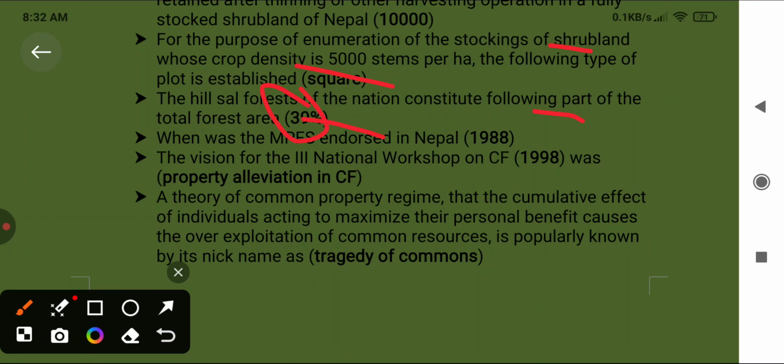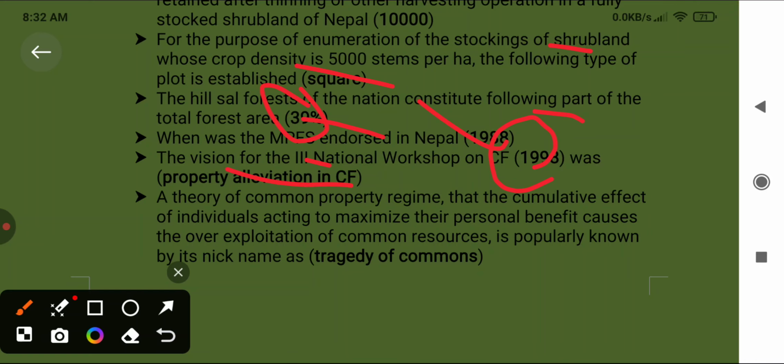When was the MPFS endorsed in Nepal? 1988. The vision for the 10 national workshops on community forest, 1998, was property elevation in community forestry.